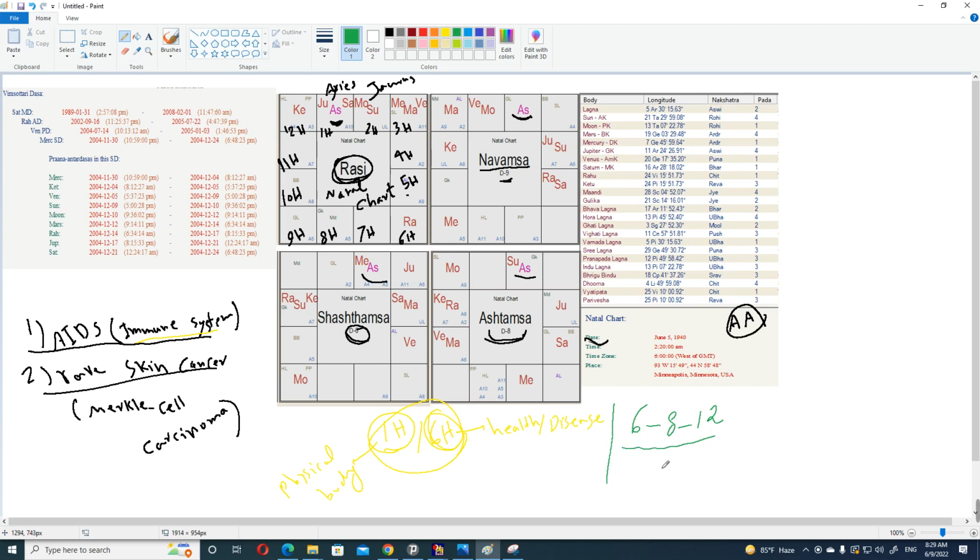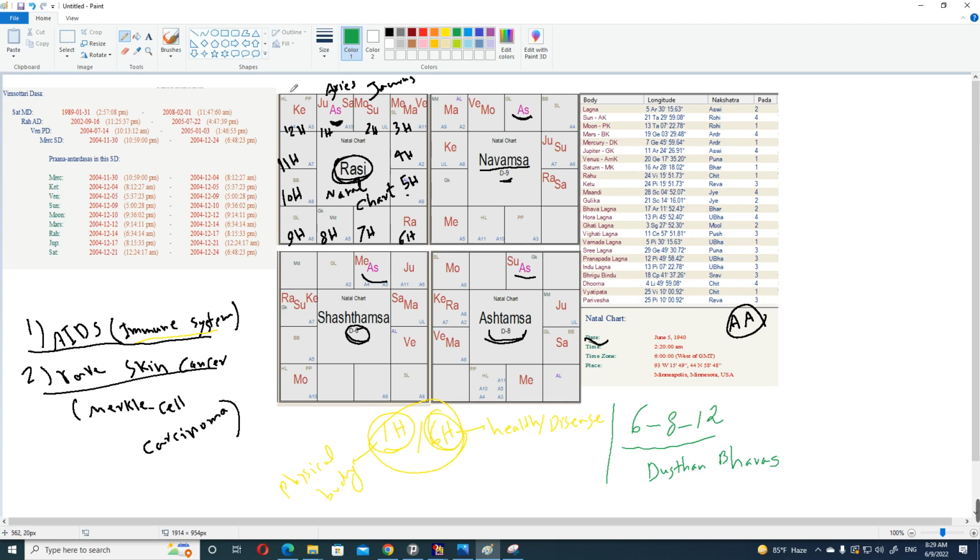These are bad houses in Vedic astrology, and any planet placed in these houses, or if the lords of these houses are with any planet, they can make disease or weaken that planet. These are called Dusthana Bhavas, or Dusthana houses, 6, 8, 12.